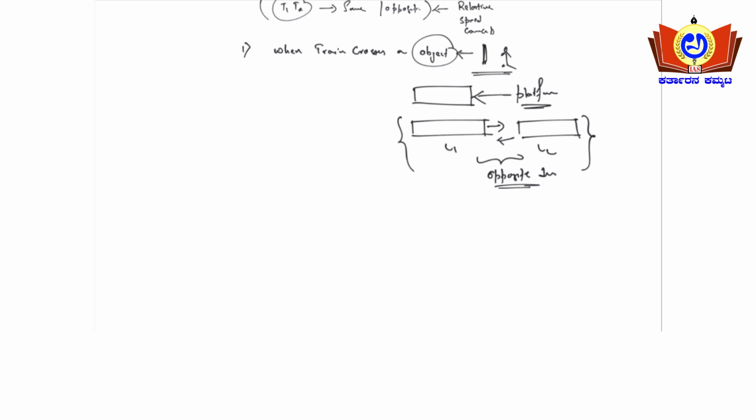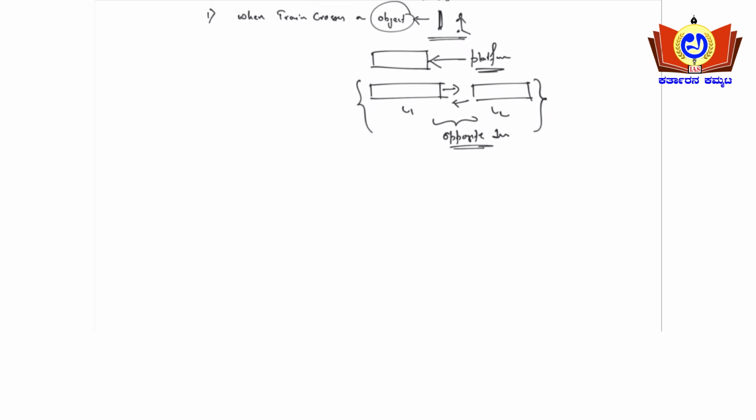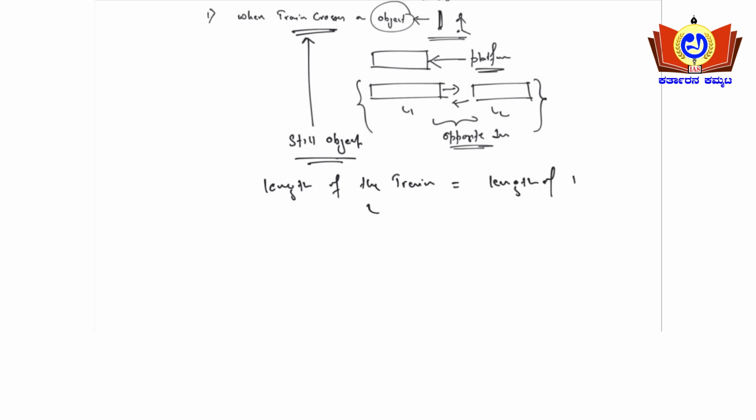So what we will do for this: when the train crosses a still object, the formula will be the length of the train plus the object.